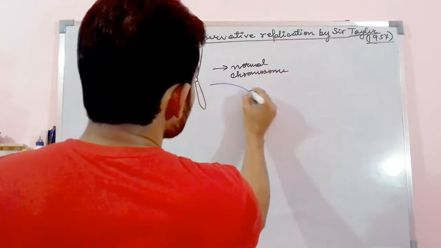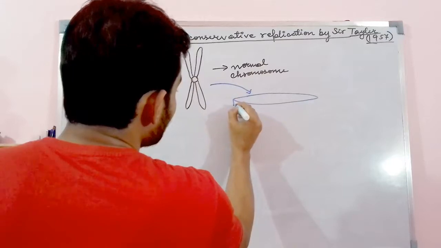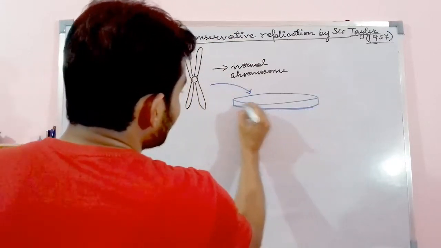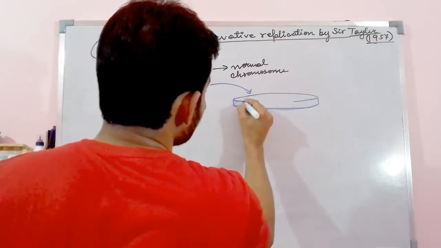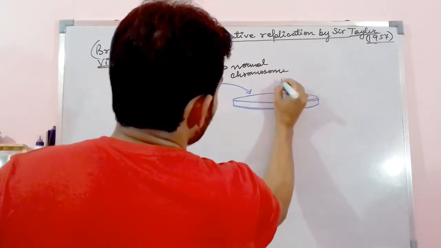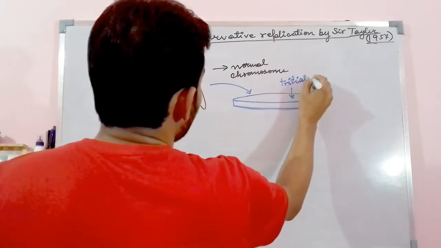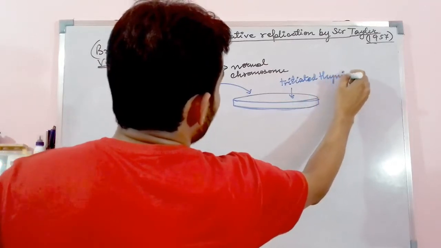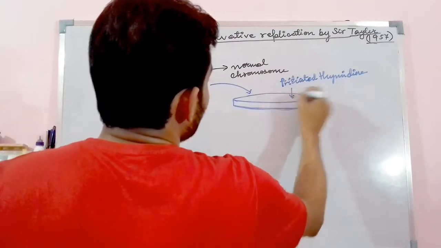So he put these chromosomes in the culture medium containing tritiated thymidine, which is a radioactive element.